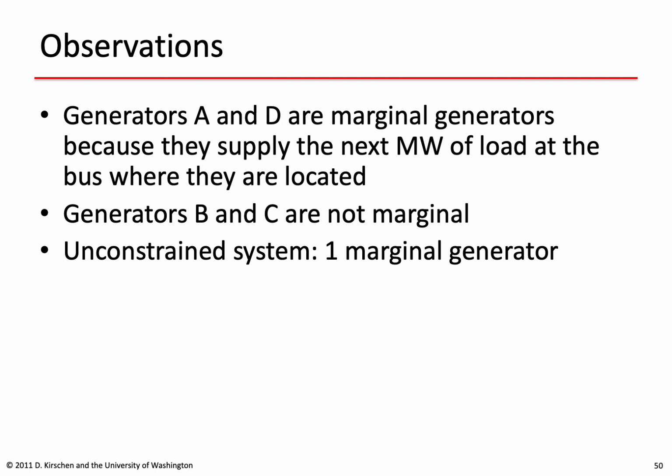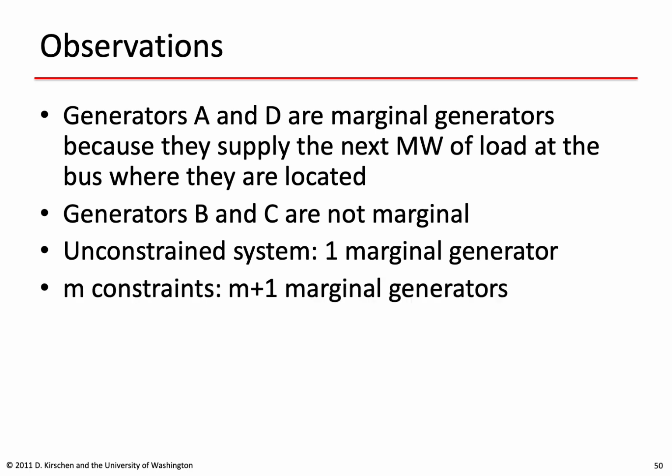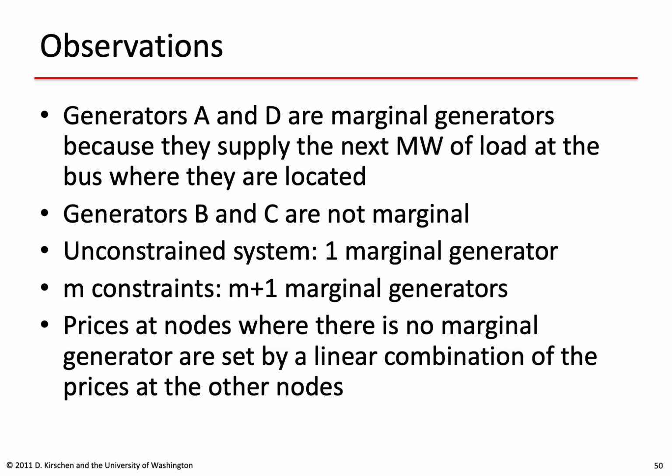But if we have a system with M constraints, we will have M marginal generators. So in this little 3-bus example, we had one line that was operating at its upper limit, so we had one constraint, and therefore we had two marginal generators. Finally, the prices at the nodes where there are no marginal generators are set by a linear combination of the prices at the other nodes.